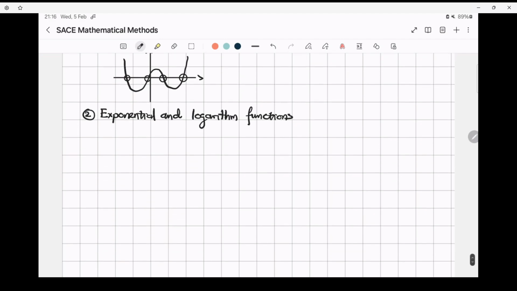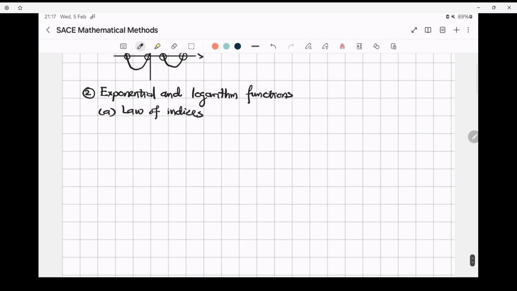So first thing first, what you need to know is, of course, for exponential function, you need to know the law of indices. So what are the laws of indices?